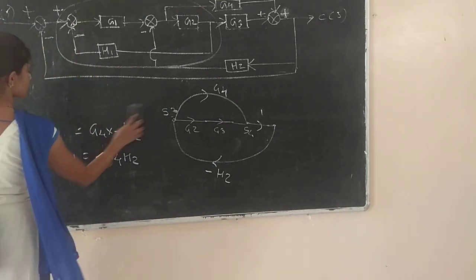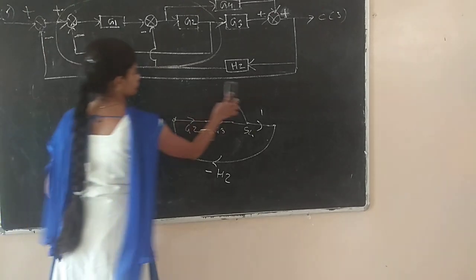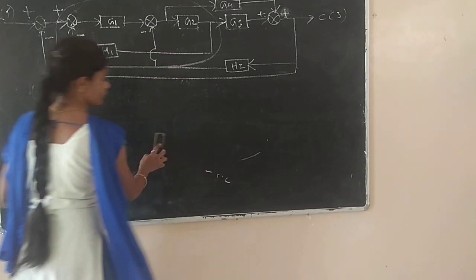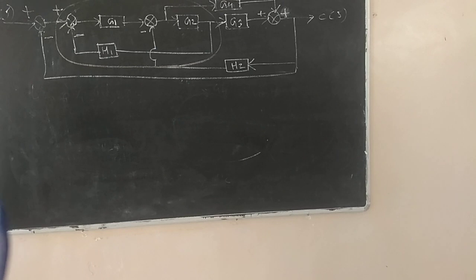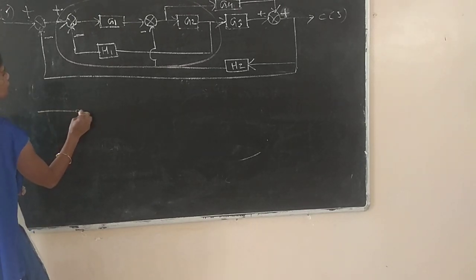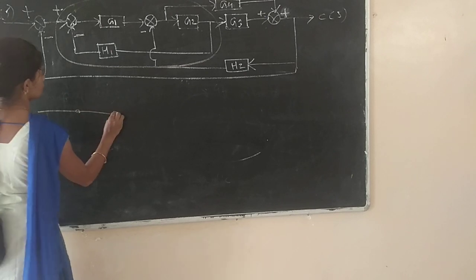Loop 5 is L51. Here loop L51. This is a big loop. In that loop, G1 and G4 is present.